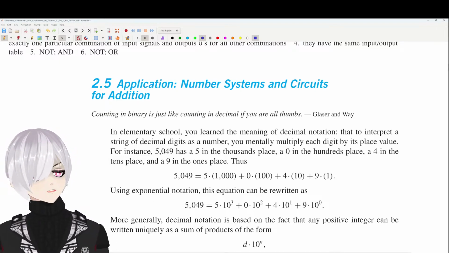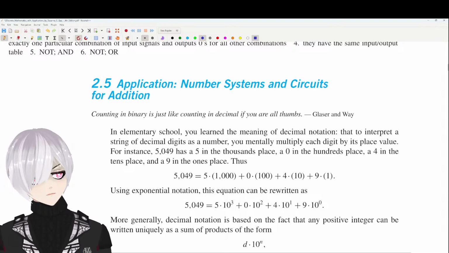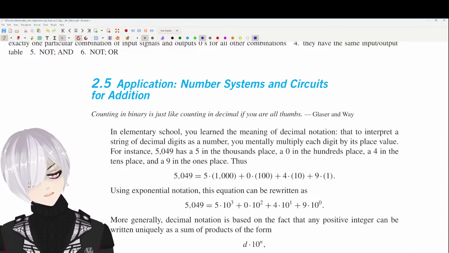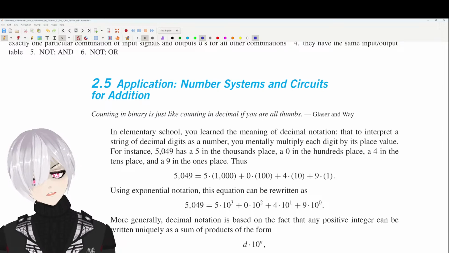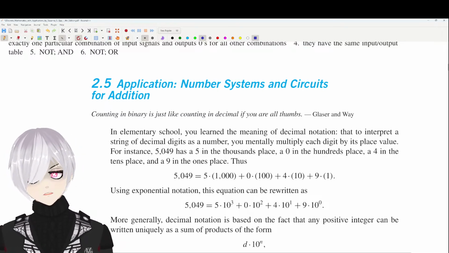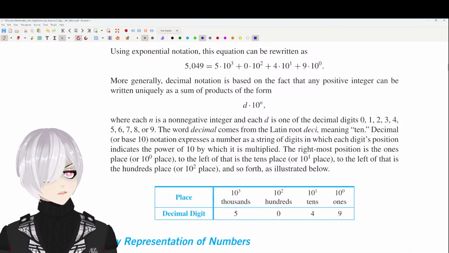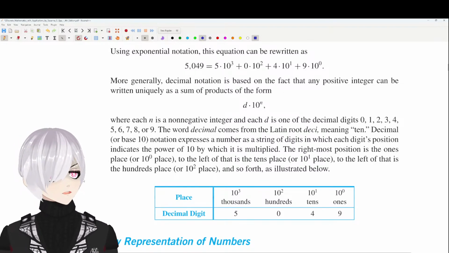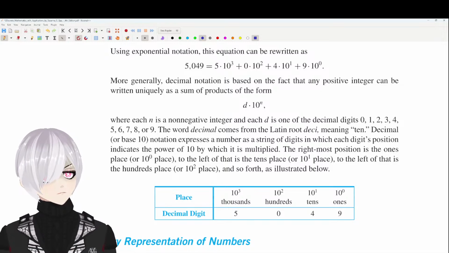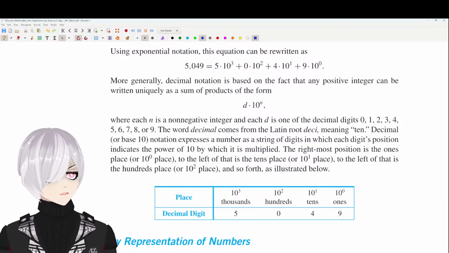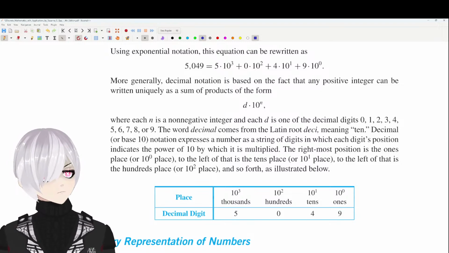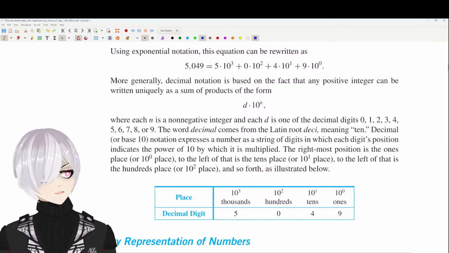More generally, decimal notation is based on the fact that any positive integer can be written uniquely as a sum of products of the form d times 10 to the n, where each n is a non-negative integer and each d is one of the decimal digits 0, 1, 2, 3, 4, 5, 6, 7, 8, or 9. The word decimal comes from the Latin root deci, meaning 10.